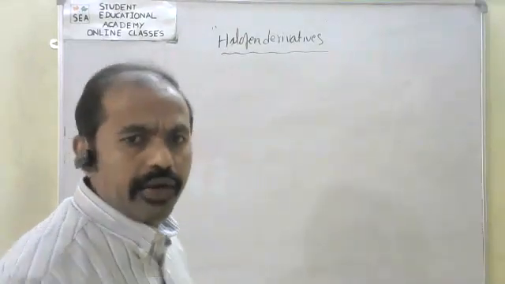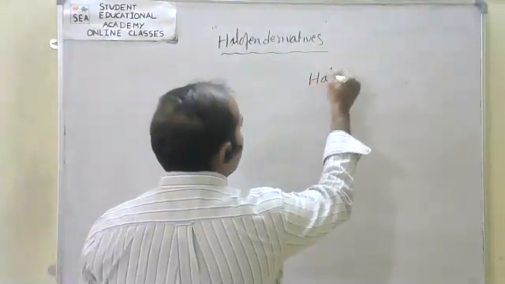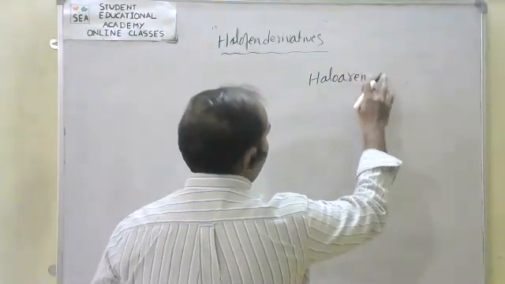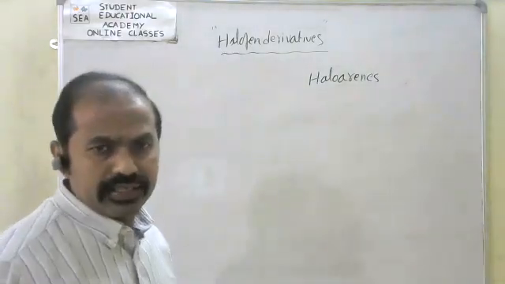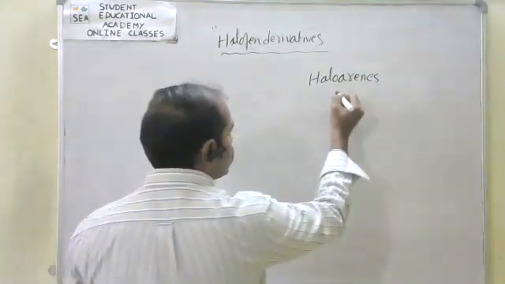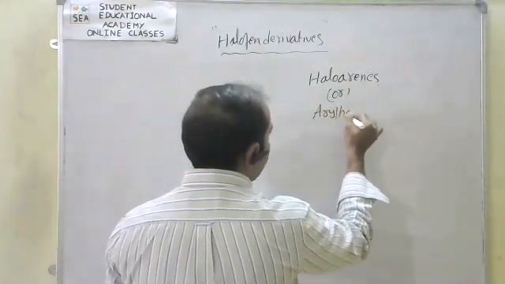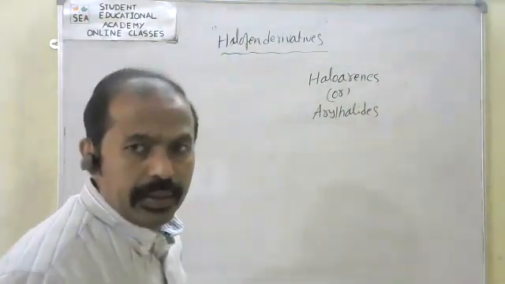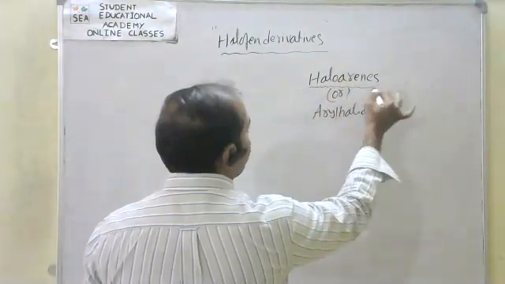So halogen derivatives of arenes are nothing but haloarenes. Haloarenes, or these are also called aryl halides. Both are the same. So simply how to define haloarenes?